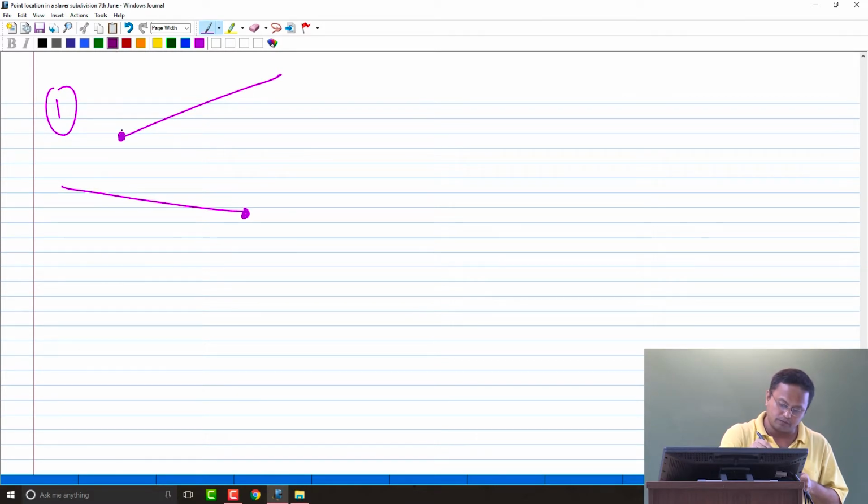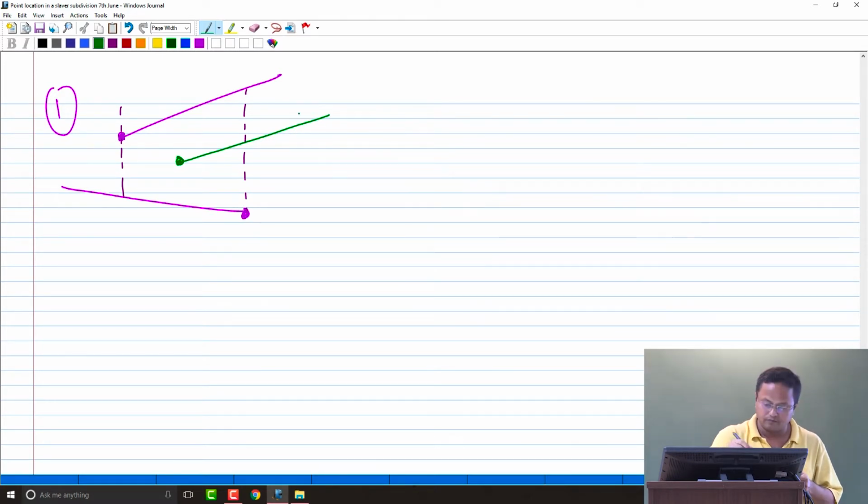So, this was possibly your A, this was your trapezoid, and this is your new line segment created, S. This is P and this was your A earlier.